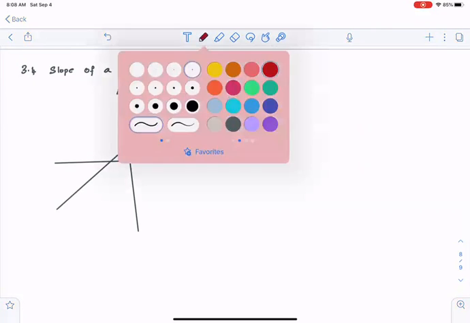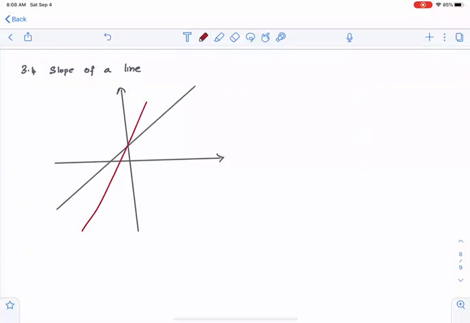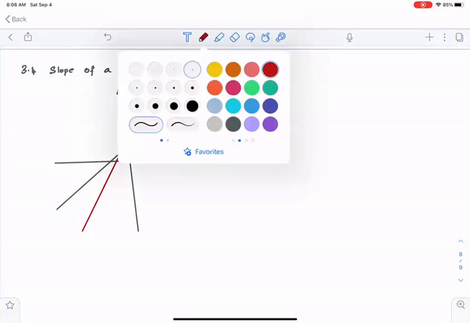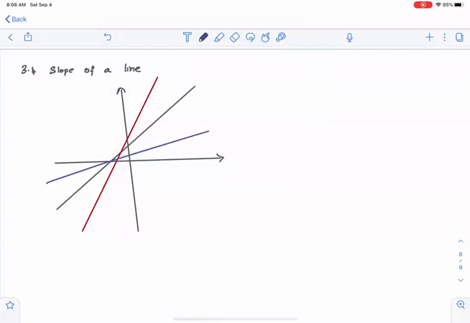Now I am going to draw another line in red. And another line. So all three lines have slopes.